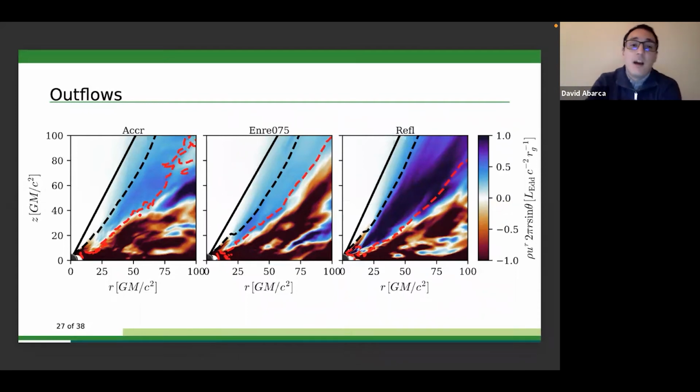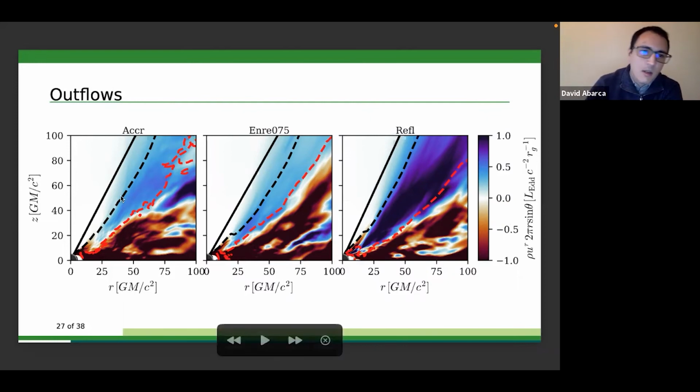It's important to measure the outflows, so I will just show you what they look like. Blue is outflowing gas, and this is like momentum. You can kind of think of it as momentum. So the accretion and the 75% have reasonable outflow that is launched somewhere around 25 gravitational radii.